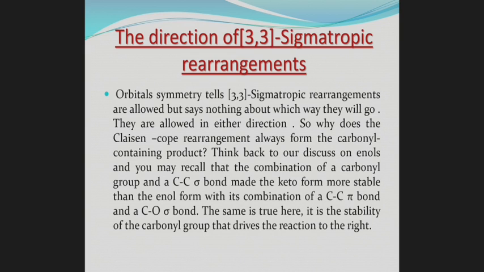Think back to our discussion on enols, and you may recall that the combination of a carbonyl group and a carbon-carbon sigma bond made the keto form more stable than the enol form with its combination of a carbon-carbon pi bond and a carbon-oxygen sigma bond. The same is true here. It is the stability of the carbonyl group that drives the reaction to the right.